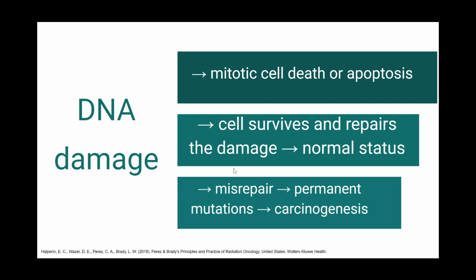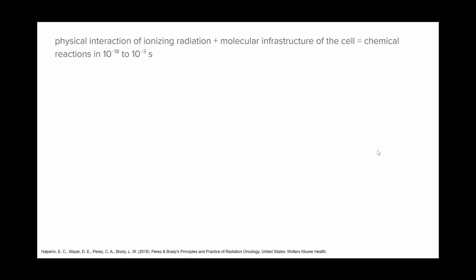This mutation might express itself or not, it might lead to carcinogenesis or not. Basically, we are aiming for the first two things. We are aiming for cell death for the tumor, and we are aiming for survival and a normal status for the normal tissues.